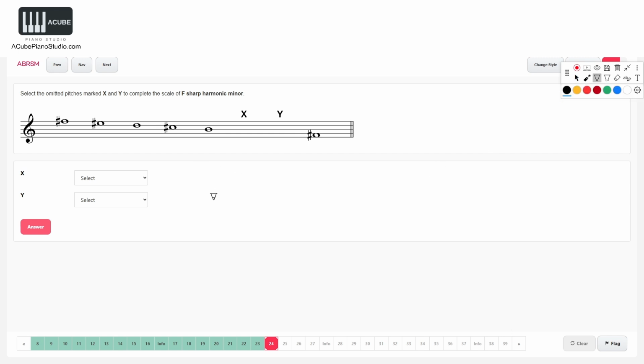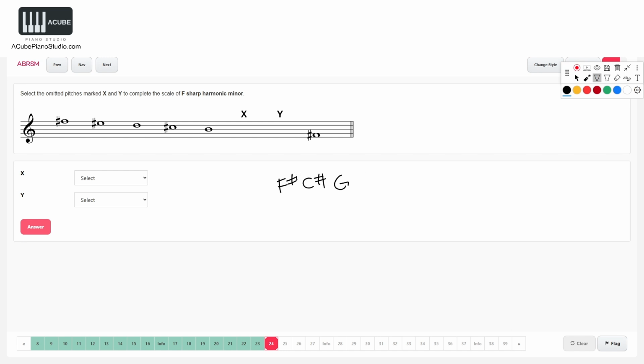So once you have written out the key signature chart for the major and minor keys in sharps and flats, you can refer to it for the rest of the exam.